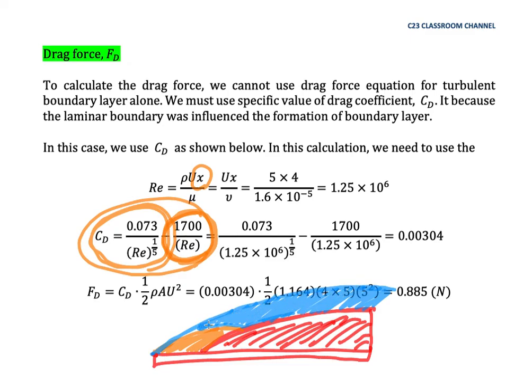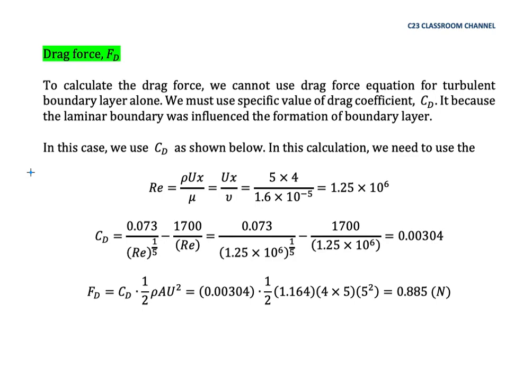This area is represented by this number. And we cannot just calculate from mathematics to get this value of 1700 over Reynolds number. It actually comes from curve fitting or experimental work. Later on I will explain.